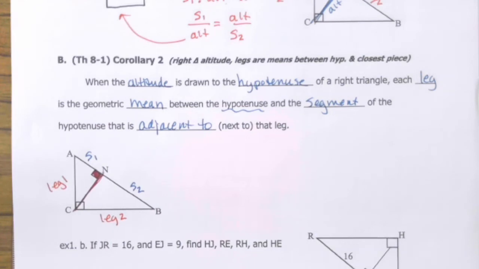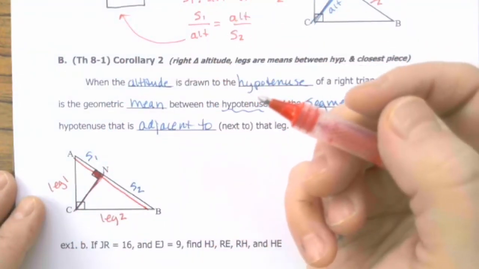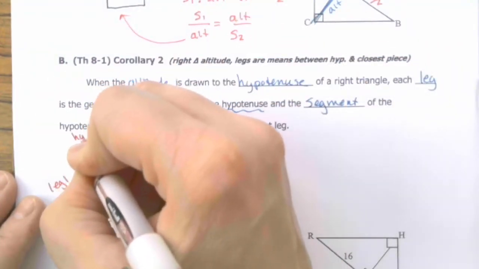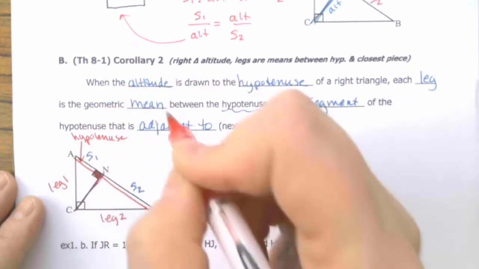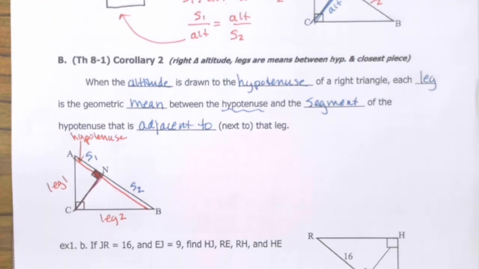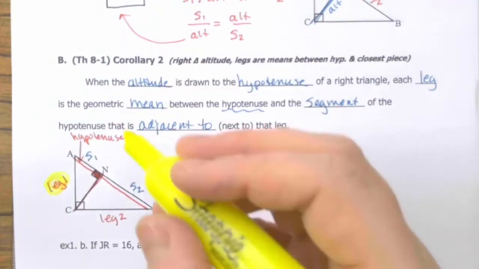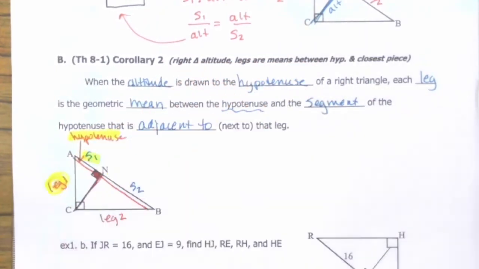So reading this again, the leg is the geometric mean. Let's pick leg 1. Leg 1 is the geometric mean between the hypotenuse, so that means the entire hypotenuse, and the segment of the hypotenuse that is adjacent. So leg 1 is the geometric mean of the hypotenuse and the segment next to that leg. Let's write that.